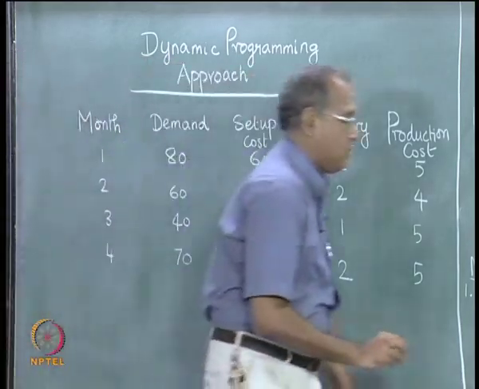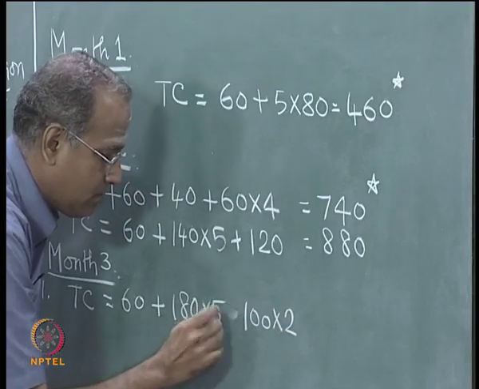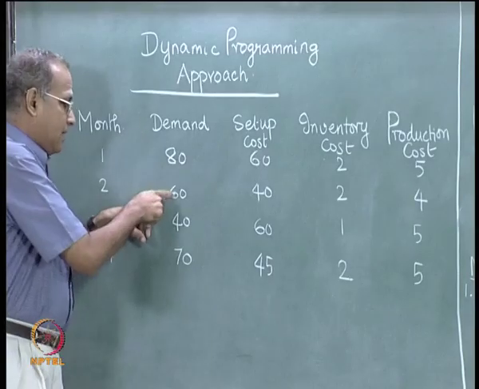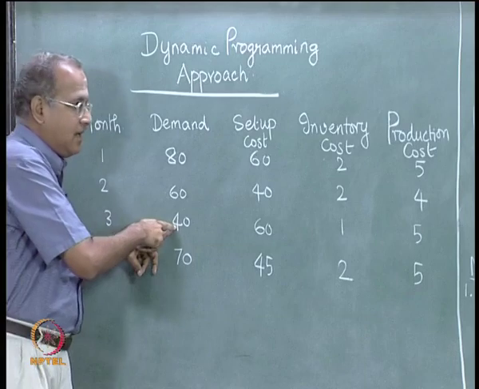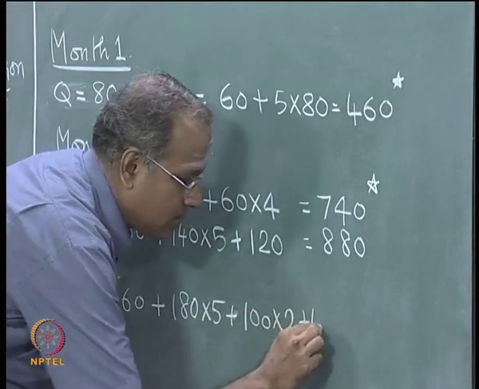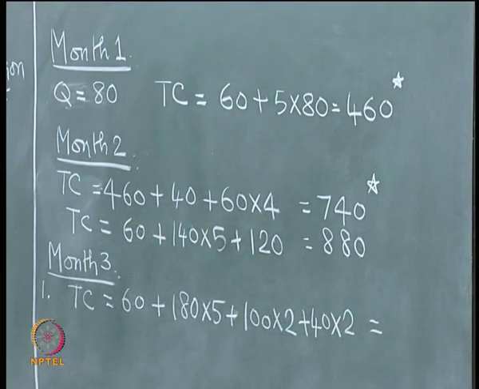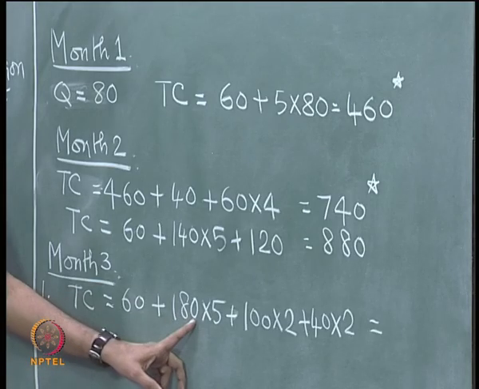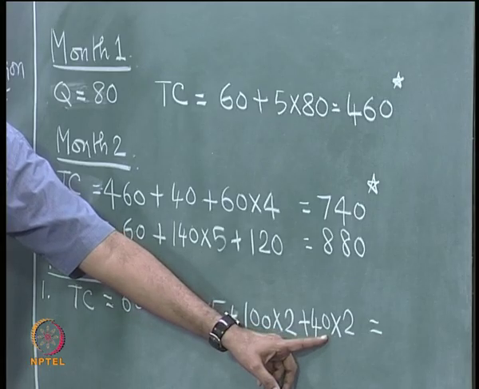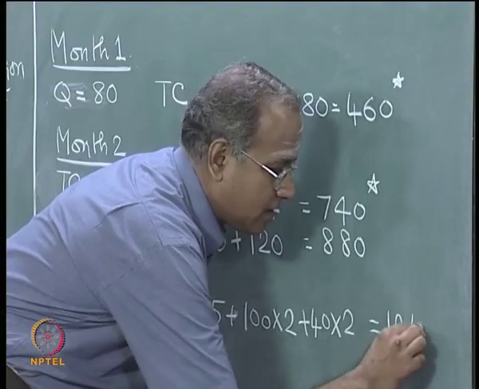So, 100 into 2, plus another 40 units are carried at the end of the second month. So, plus 40 into 2. So, this gives us a total cost of 900 plus 200 is 1100, 1180 plus 60 is 1240.